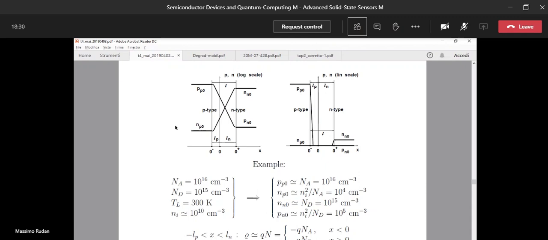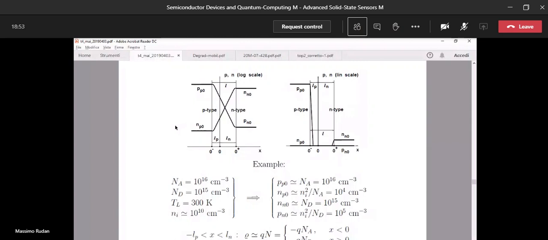Similarly, we have a curve describing the concentration of holes. Of course, it is larger on the left because we have the P zone in the left part. And we use the symbols PP0 on the left and PN0 on the right.